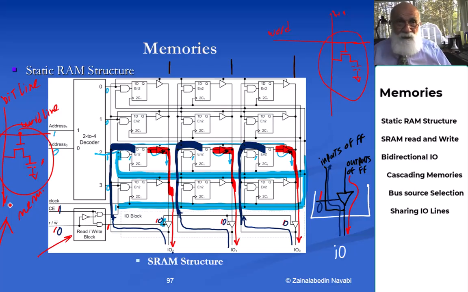All in all, when we are talking about memories, we are talking about a structure that has address, has input lines, output lines, and a mechanism for writing and reading from it.